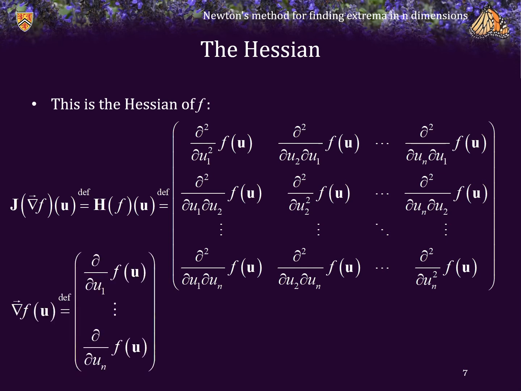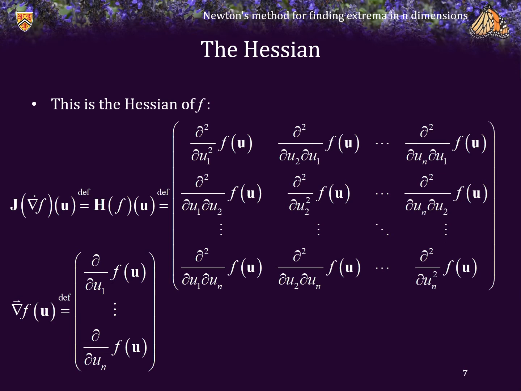You will recall that the gradient is just a vector of the partial derivatives. You will recall then that the Jacobian simply took the first entry, which in this case happens to be the partial with respect to u1, and took the partial of that entry with respect to each of the n variables.